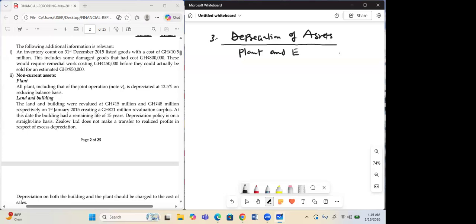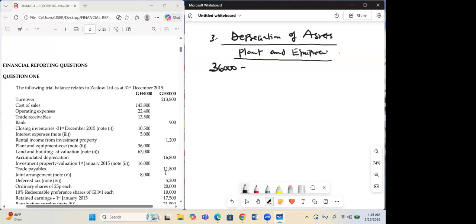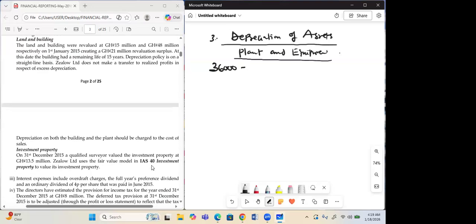What's the cost they give on plant and equipment? 36,000. So for plant and equipment, the depreciation is on reducing balance basis, right? So 36,000 minus the accumulated depreciation in the trial balance. What's the accumulated depreciation? 16,800.